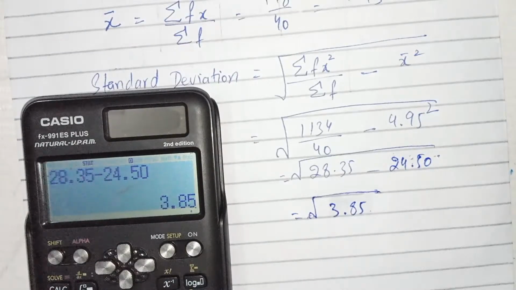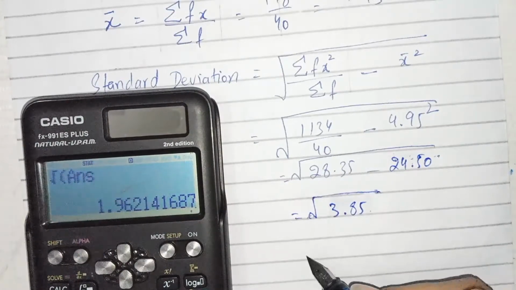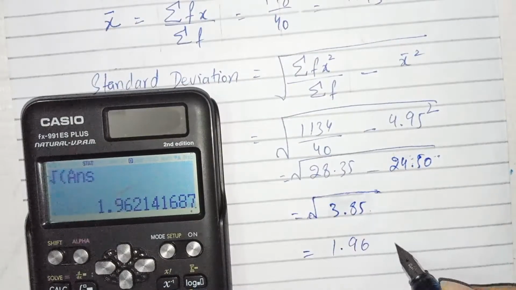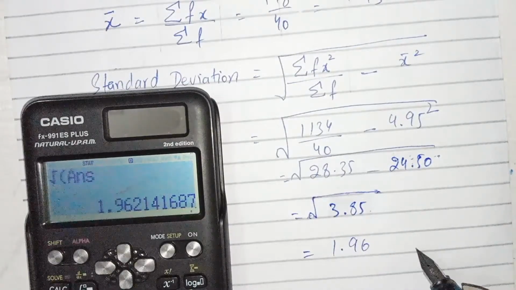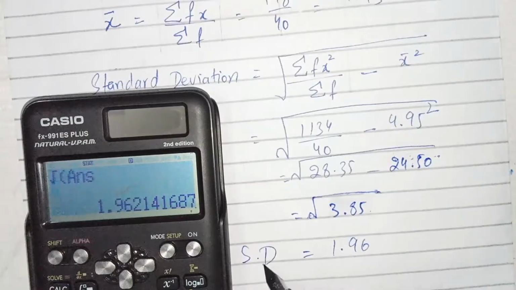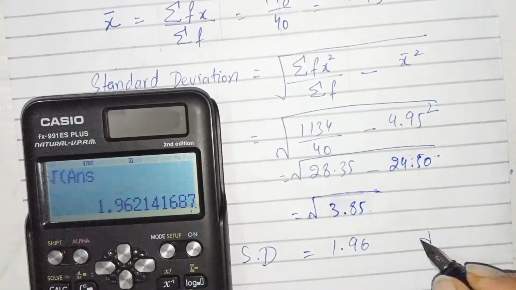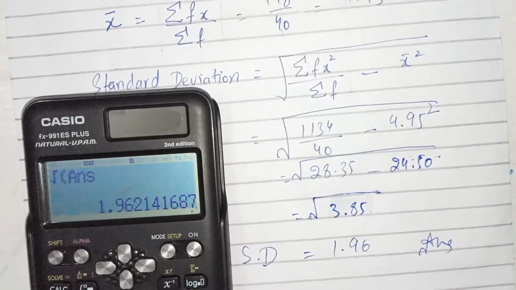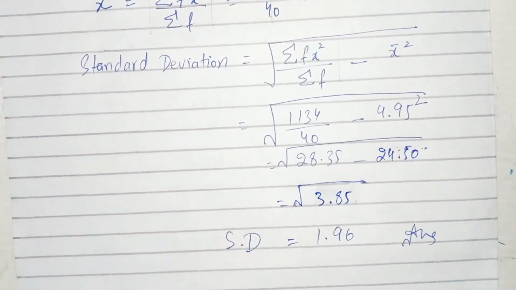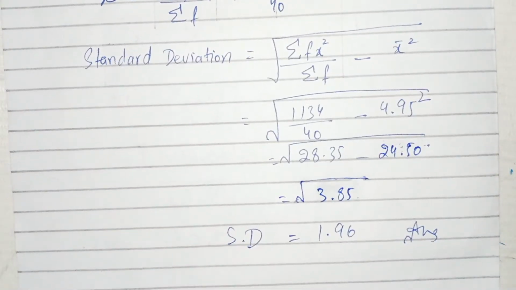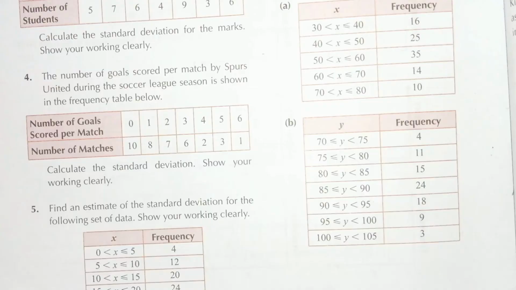Now we have to take the square root of it. By taking the square root, I get the answer 1.96, and this is the standard deviation of question number 3, and this is the answer. And now students, question number 3 is solved.